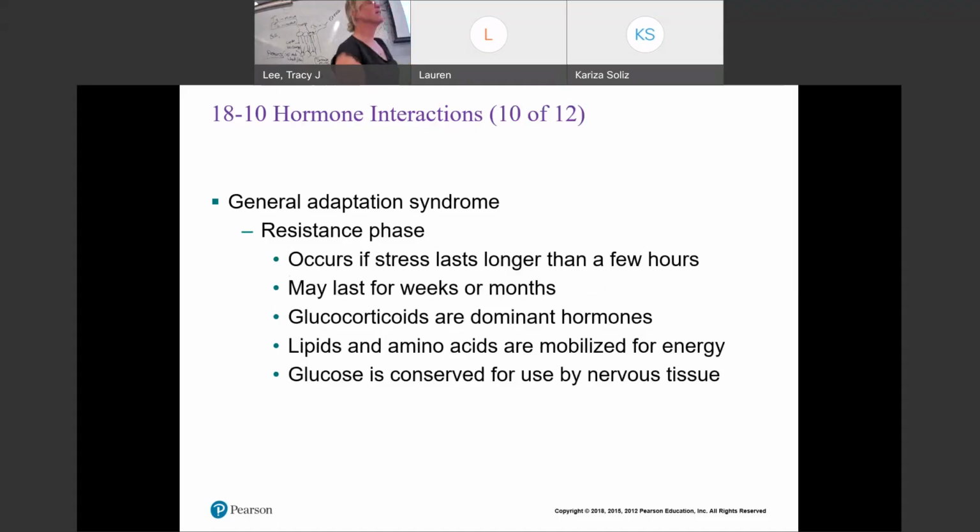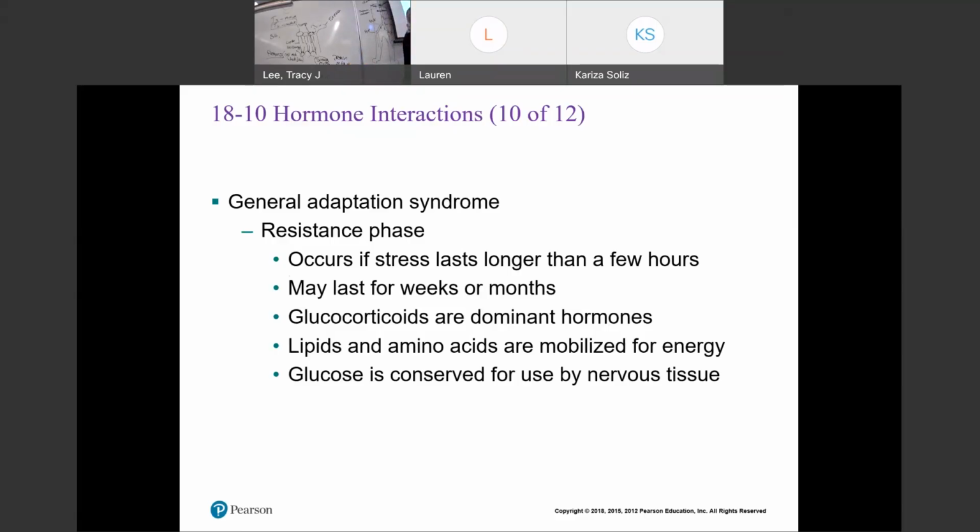All right, resistance phase. If that stress lasts for more than an hour or so, we begin to get a little more resistant. We're not reacting in the same way that we were. The resistance phase can last for weeks or months, and we basically are going to see glucocorticoids become our dominant hormones, like cortisol, which is one of those that we've been talking about.